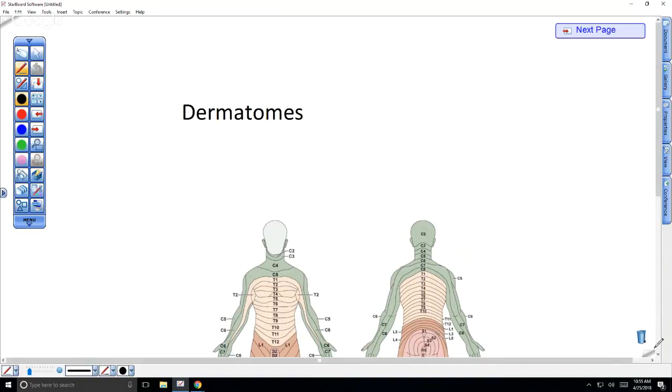Now, an interesting thing about our spinal cord is that you can map where the sensory information is coming from and where it goes into the spinal cord.